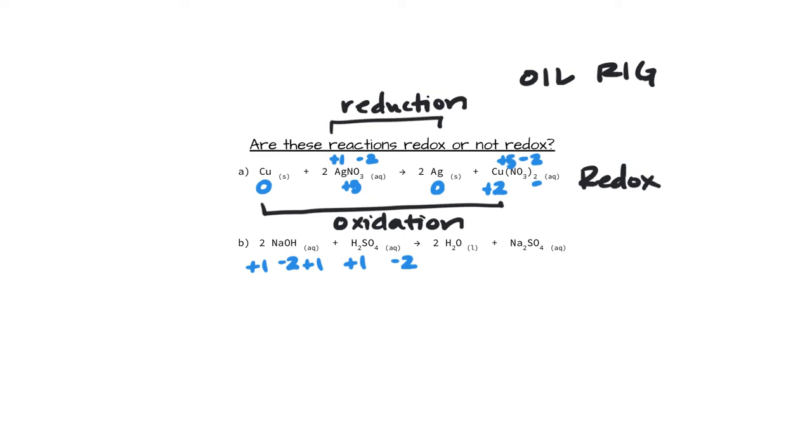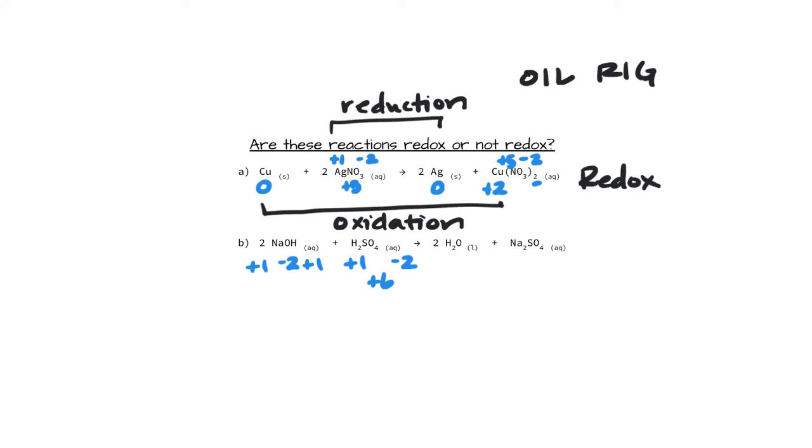And then we have to look at figuring out sulfur. In that case, I know that sulfur has to be a +6, because sulfate has a -2 charge, and 4 times -2 is -8, so that has to be a +6.